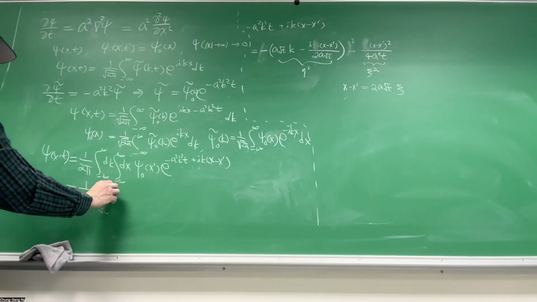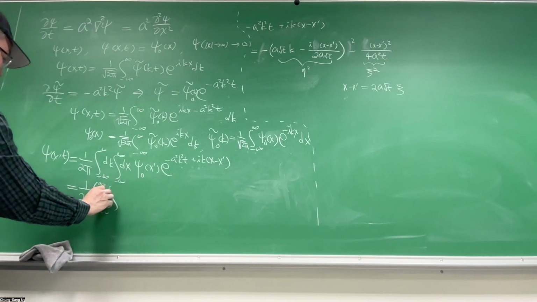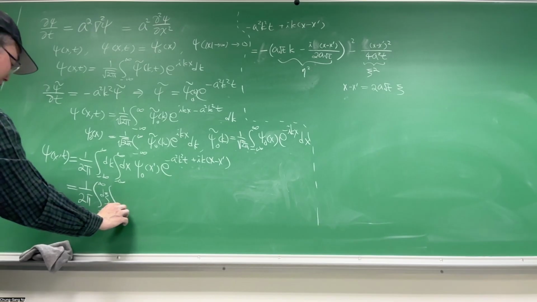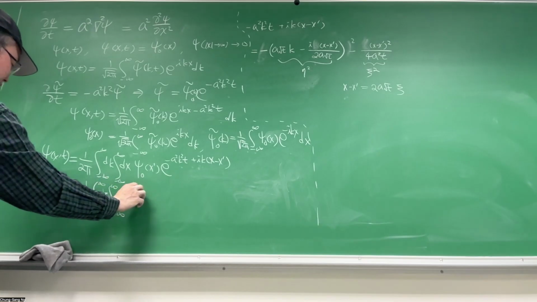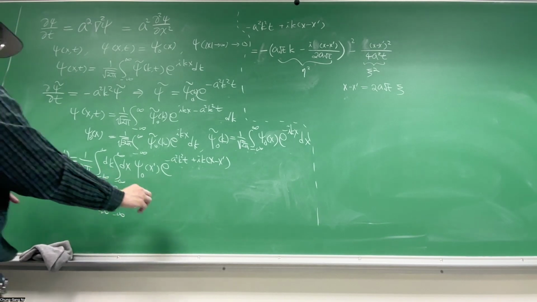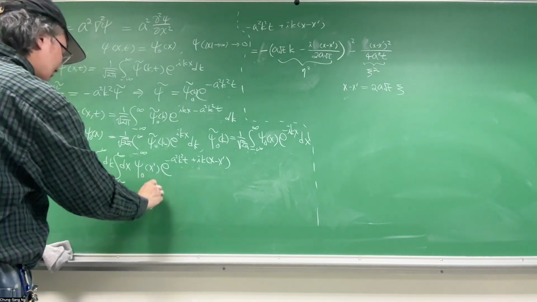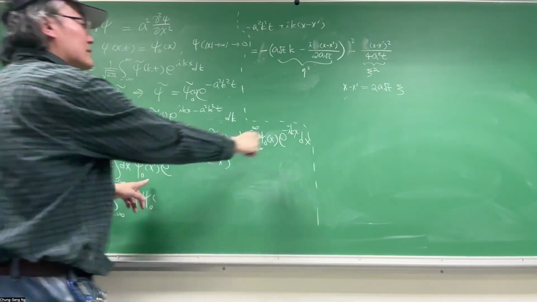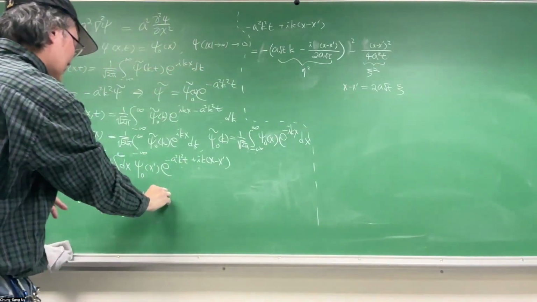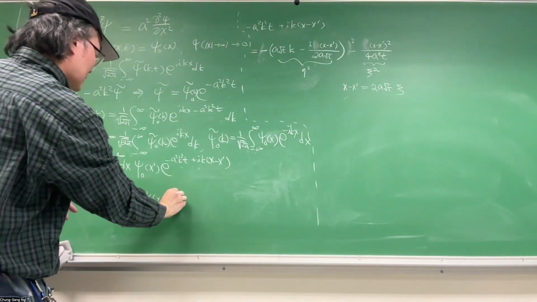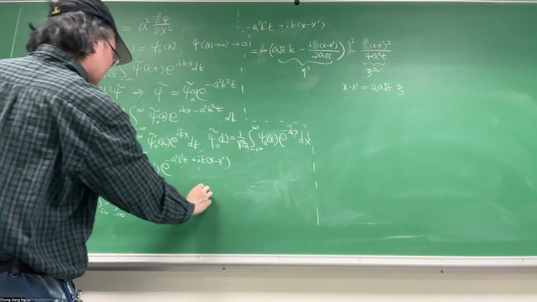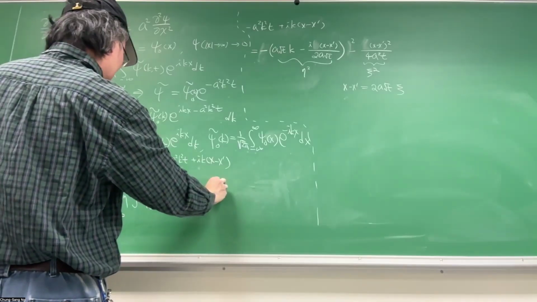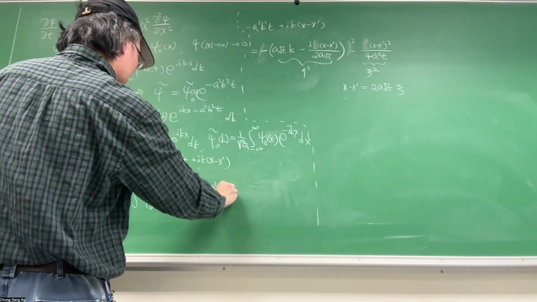You have d eta dc there. And there's a Jacobian, and then phi 0. And substitute that x prime is x minus 2a squared t c. And then the exponential factor is e to the minus eta squared minus c squared.